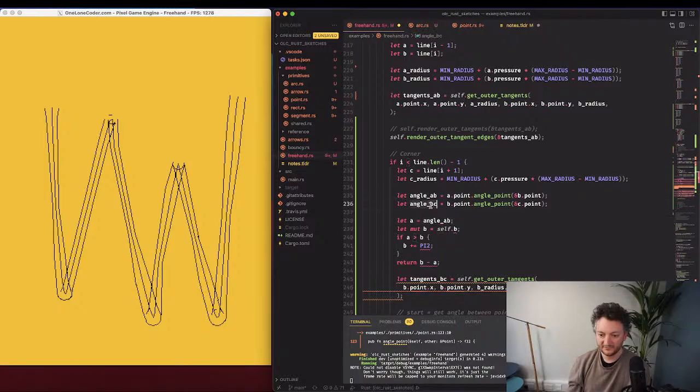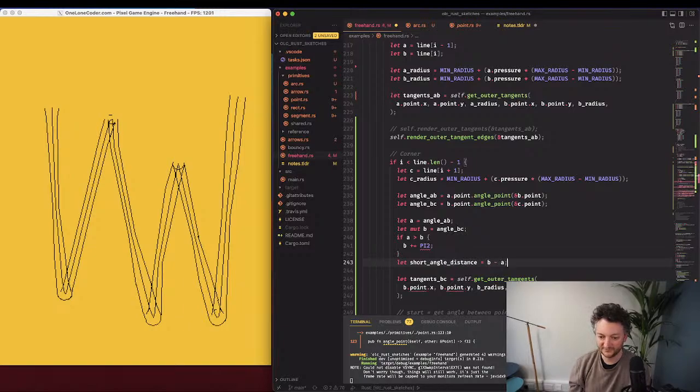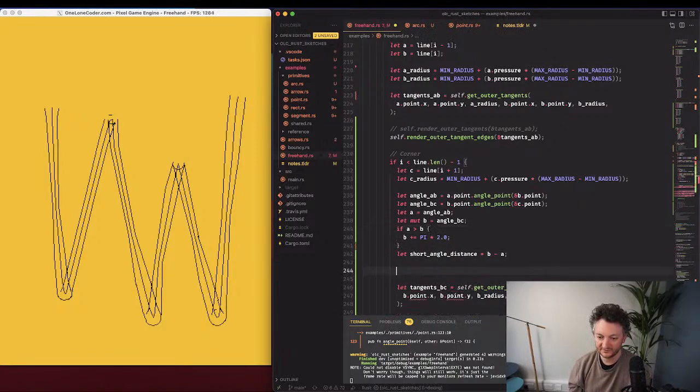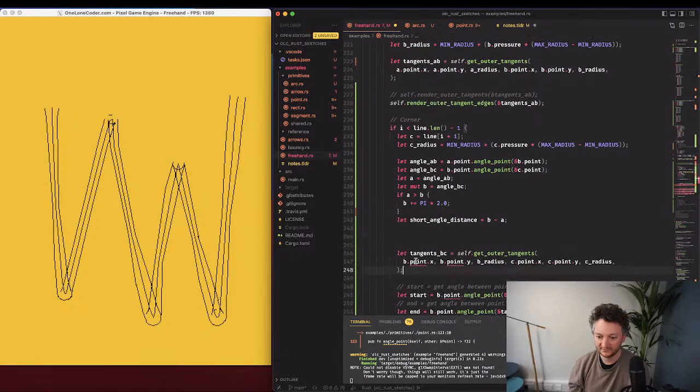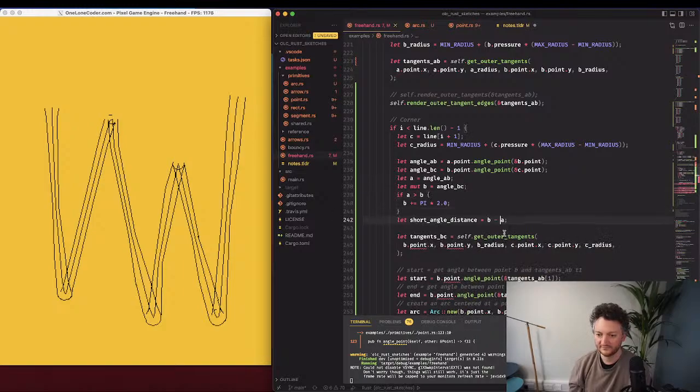So, we see, and then let, whatever, short angle distance equals B dot A. And then we want to say whether, why is this complaining? 32. Oh, yeah. Hold on a second. You just need temporary values here.